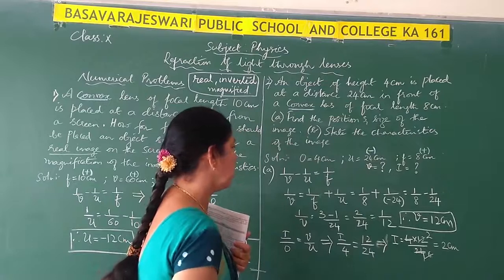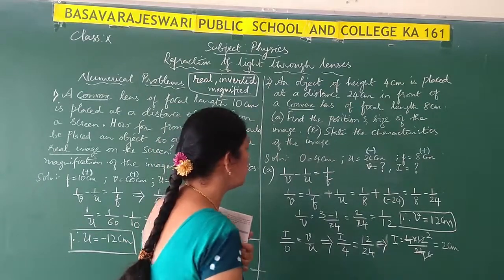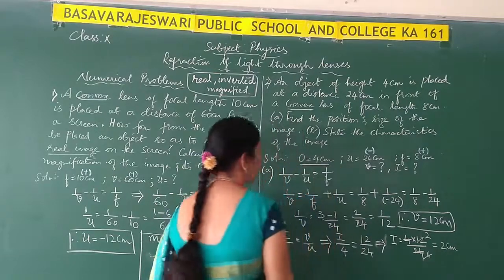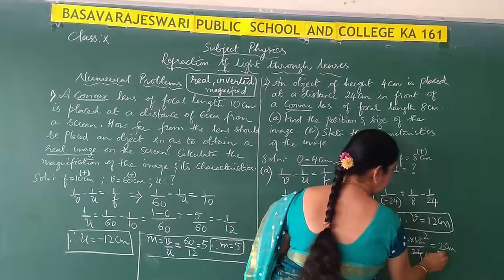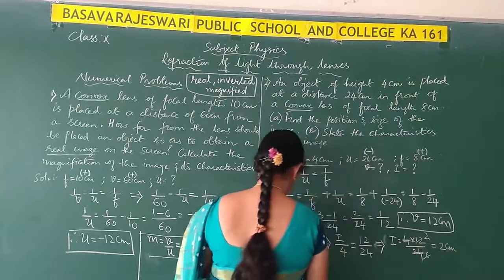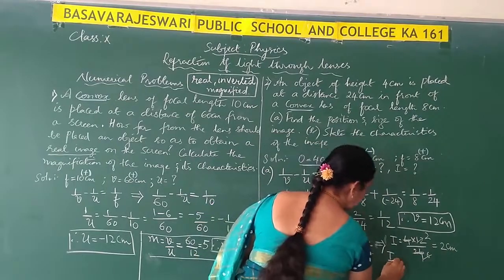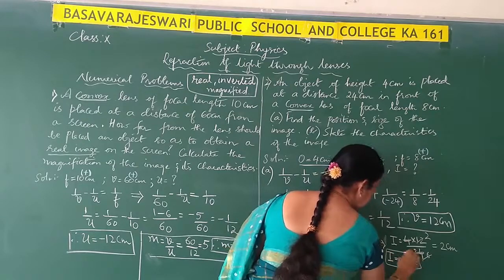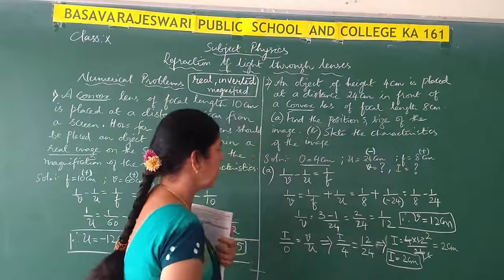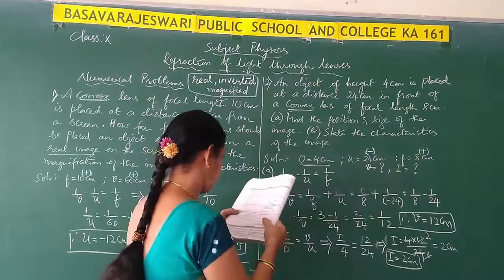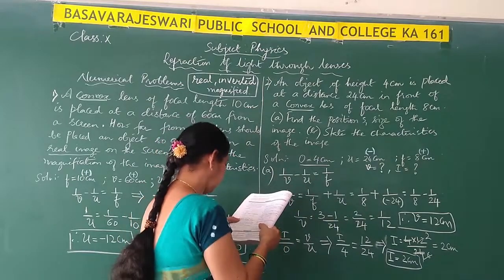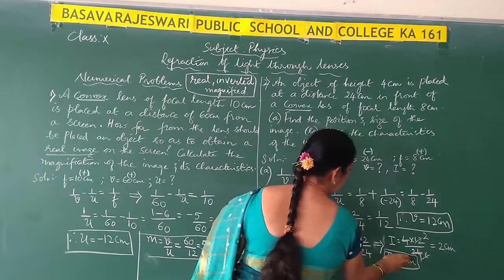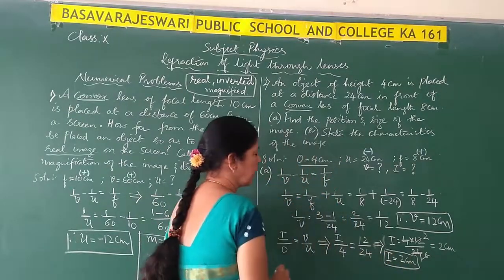So if you see here, when compared to the size of the object, the size of the image is very, very less. I am getting I equal to 2 centimeter only. The image will be inverted because we are using a convex lens.